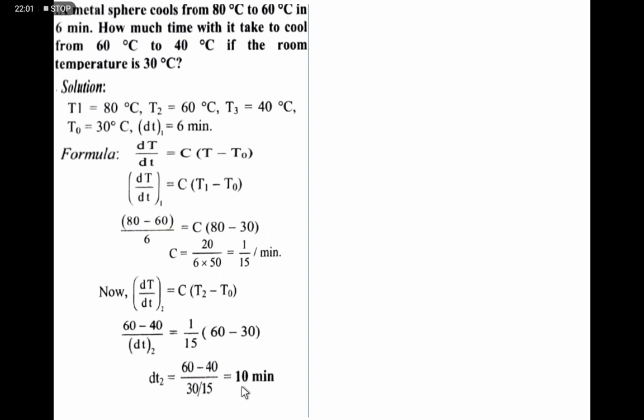Here the Newton's law of cooling can be proved. See students, first time this temperature difference is more, so the body takes 6 minutes to cool from 80 degrees Celsius to 60 degrees Celsius. Try to understand: the difference between the body and the surrounding is more, so the rate of cooling is fast.